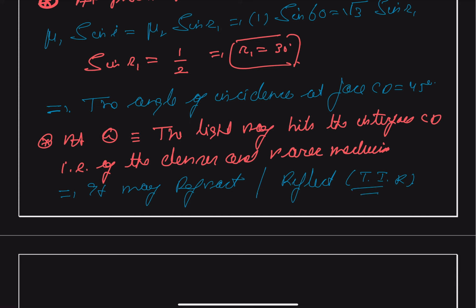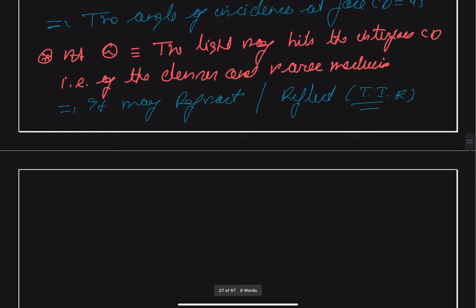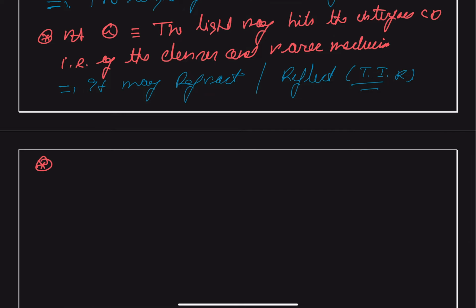Okay. So we have to find out the condition for the reflection, that is total internal reflection, whether it is satisfied or not. Okay. So you can say that for total internal reflection, the angle of incidence must be greater than the critical angle.